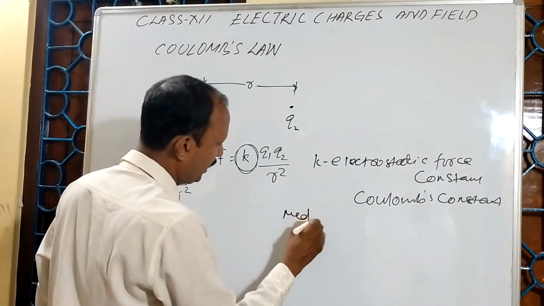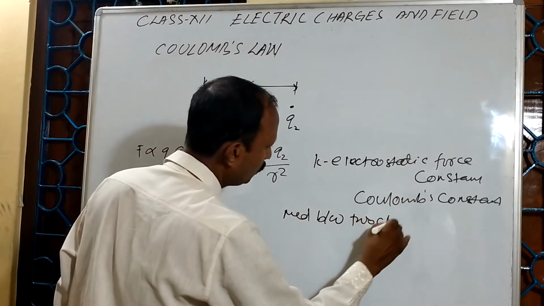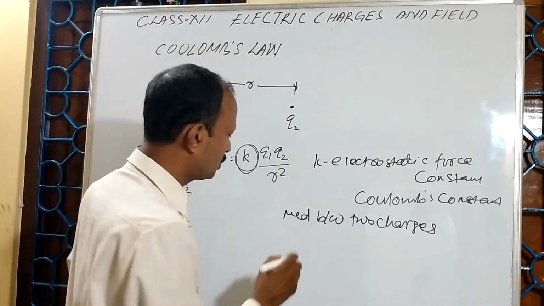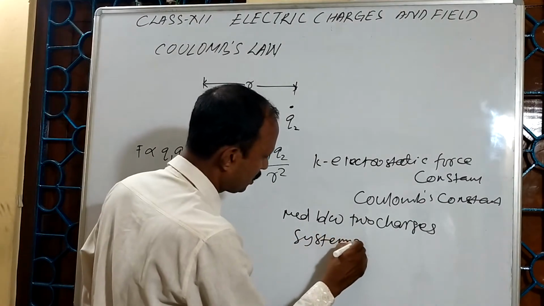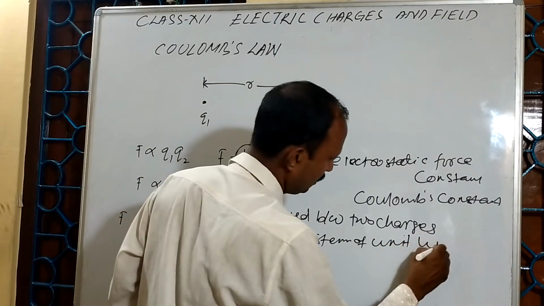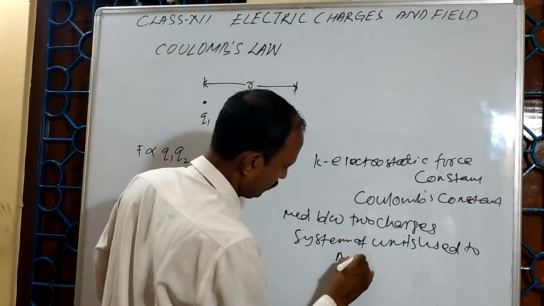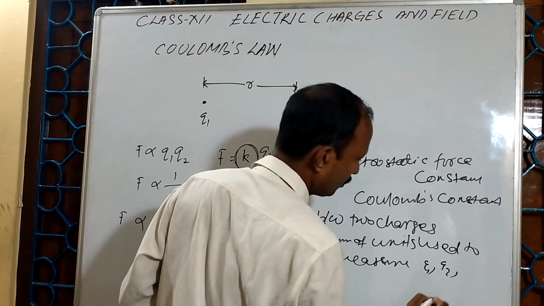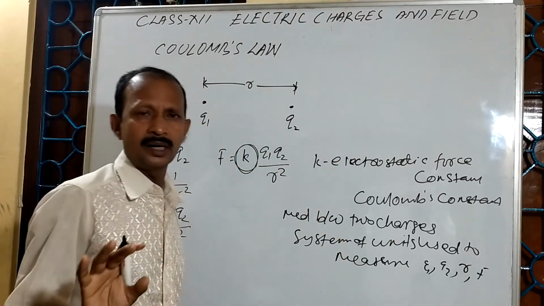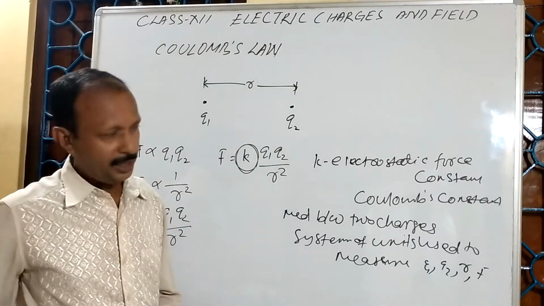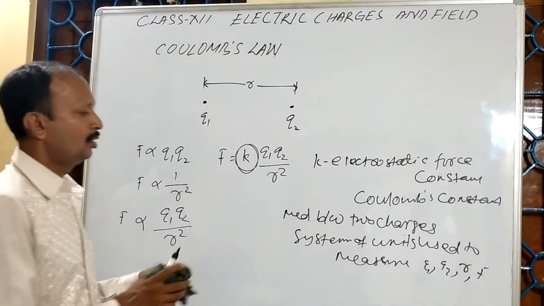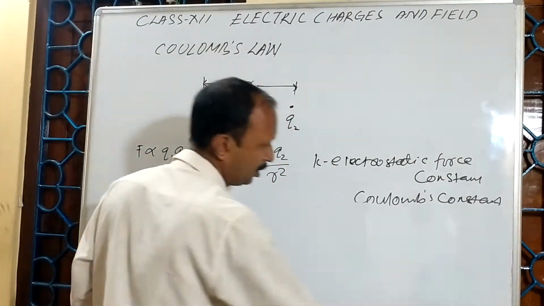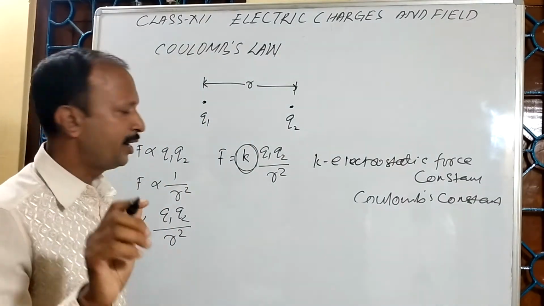This is one of the factors which decides the value of K. Another one is the system of units used to measure Q1, Q2, R, F, etc. That means the value of K depends upon two factors: one is the medium between the two point charges, and the second is the system of units we are going to use.